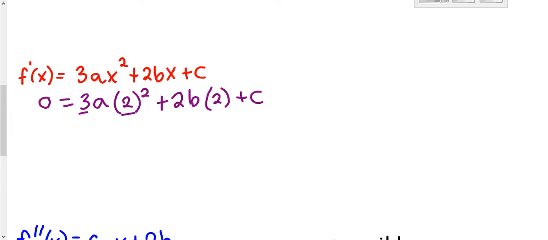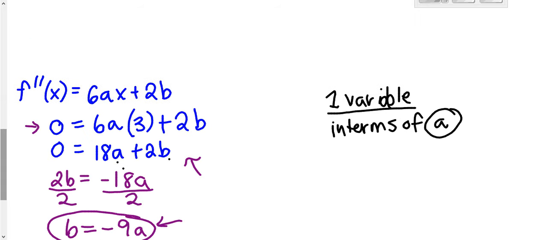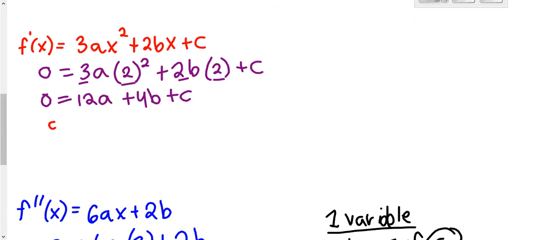So we have 3 times 4 is 12a, 2 times 2 is 4b, plus c on the end. And remember, my goal is to plug this in. So I'm plugging b equals negative 9a to get rid of b here. So 12a is 4 times negative 9a plus c.